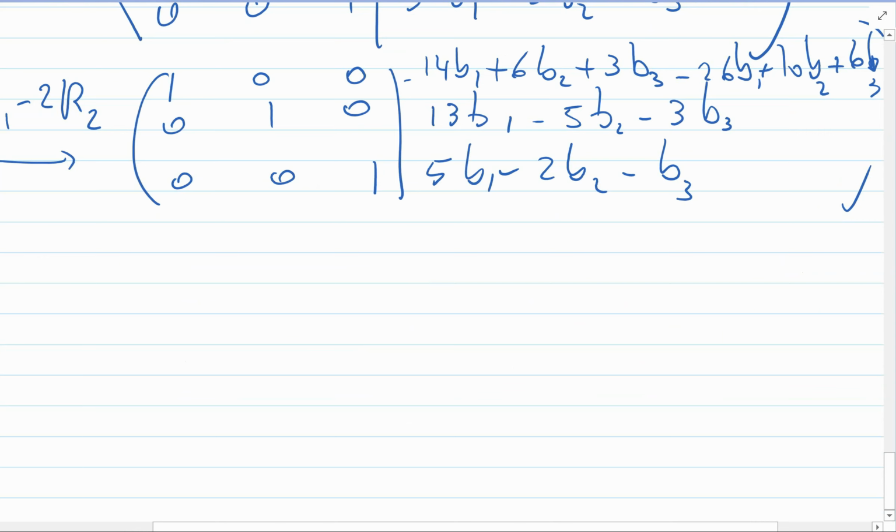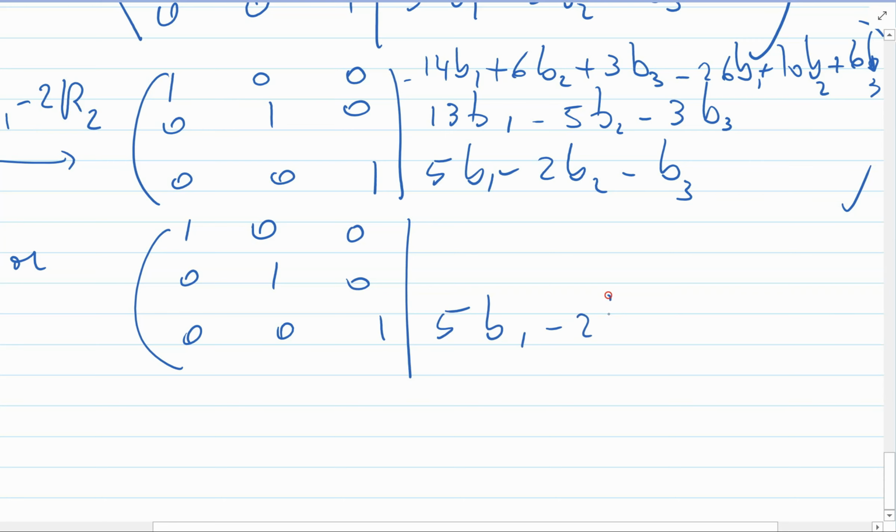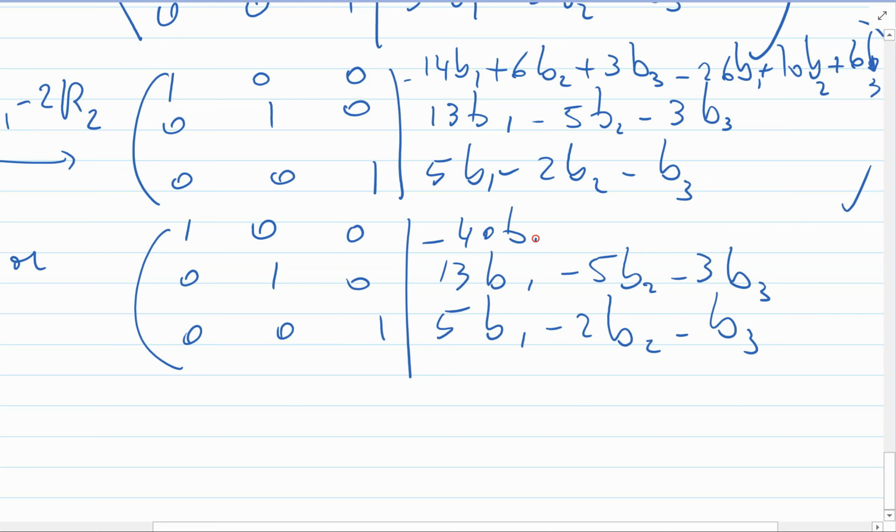Okay, so we do the algebra and we will find 1, 0, 0, 0, 1, 0, 0, 0, 1, with minus 14 minus 26 is minus 40b1, 6b2 plus 10b2 is 16b2, 3b3 plus 6b3 is 9b3.